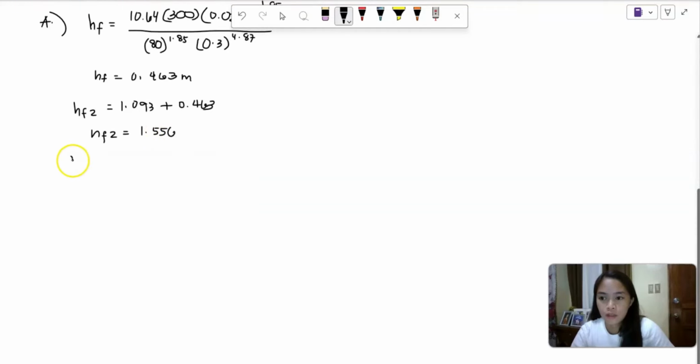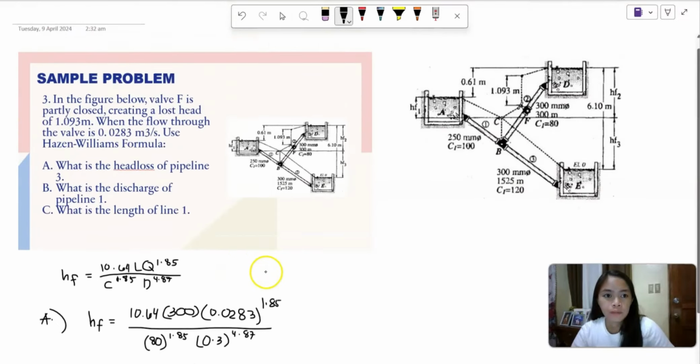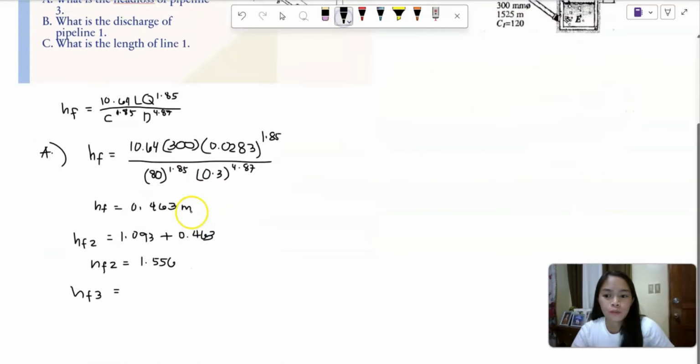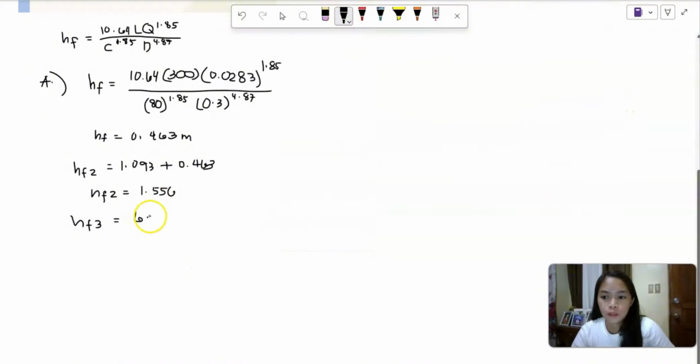And we can now get the head loss at 3, which is here 6.10 minus the HF2. So 6.10 minus HF2, which is 1.556.